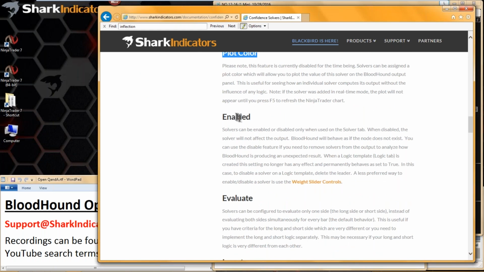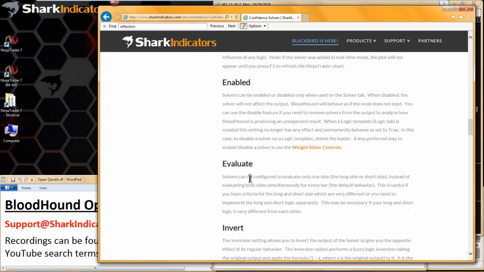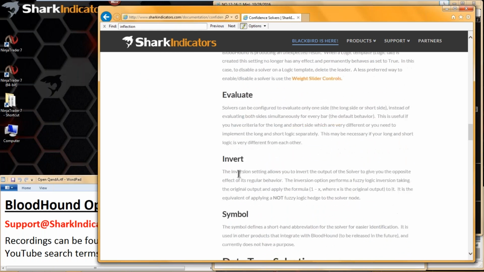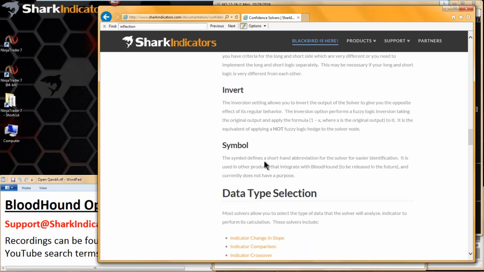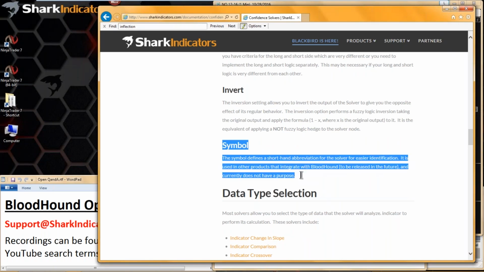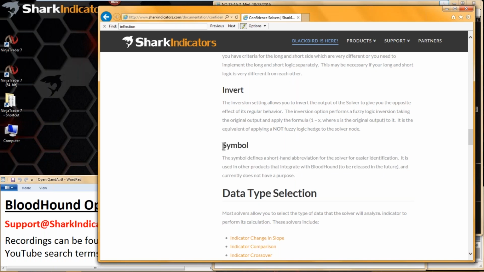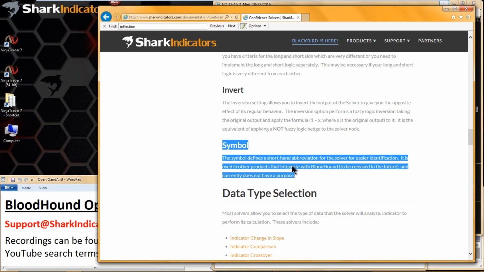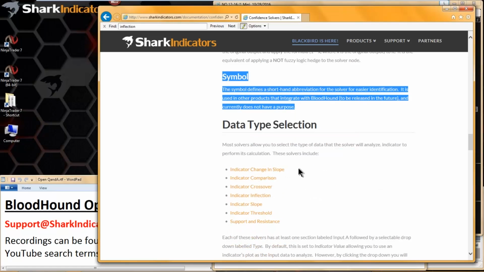Solvers can have an enable, evaluate, there's an invert. Symbol, oh yeah, I need to take that out. That is long gone. Nobody really used the symbol, so we just removed it. So I need to take that out.